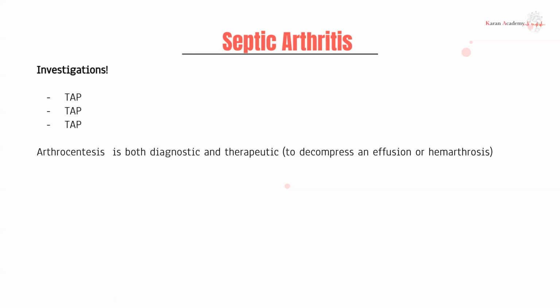That's going to be applying further pressure onto the joint capsule and will be quite painful. So it's also therapeutic in terms of reducing that pressure within the joint. Or if there's also a hemarthrosis, which is a collection of blood in the joint, you're going to help to reduce that as well. When not to do a joint aspirate: if there is overlying cellulitis.